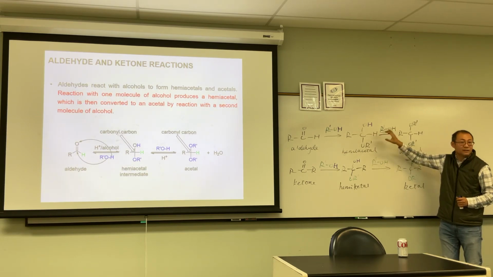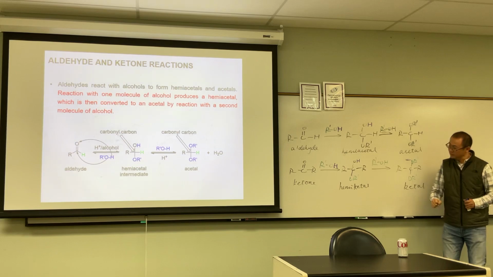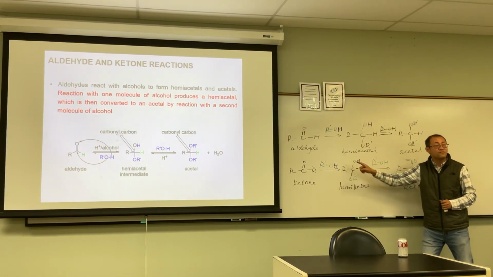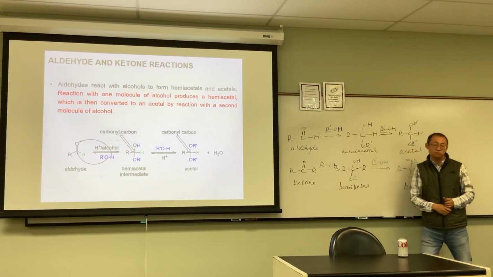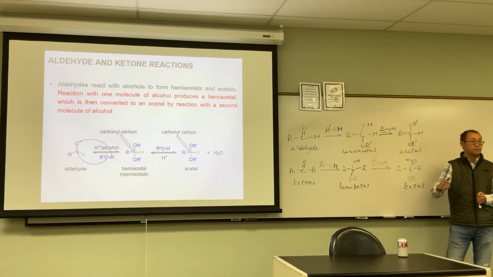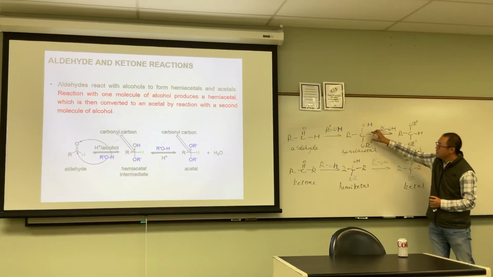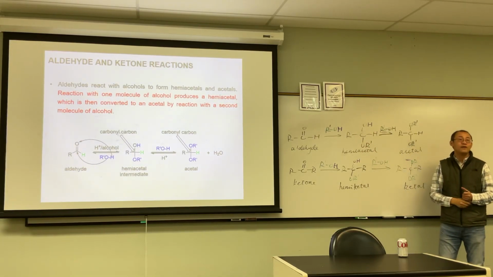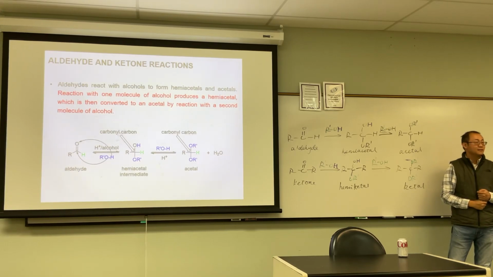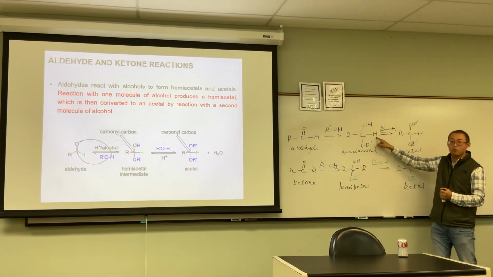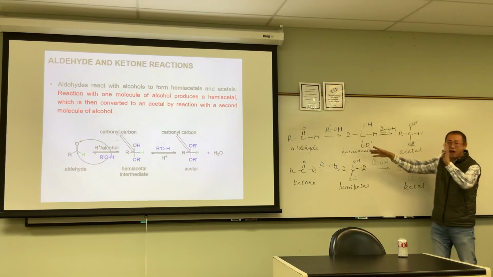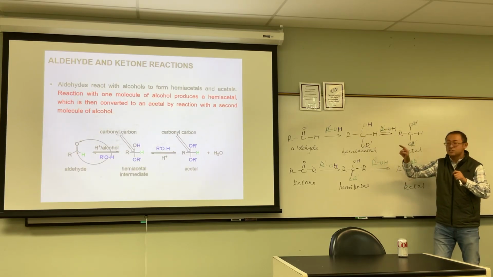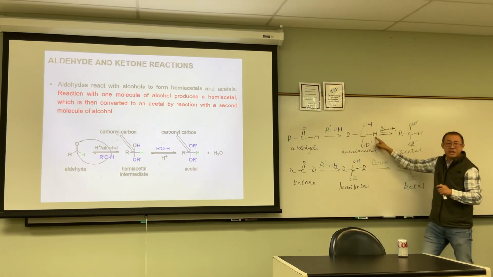This is from an aldehyde. If on the carbon there's no hydrogen, do you see that? That means it's from a ketone. So you can tell whether you're looking at an acetal or a ketal by looking for the hydrogen. Remember, the reaction doesn't change anything else. We are only adding stuff on the C. So the hydrogen, once there, will still be here.